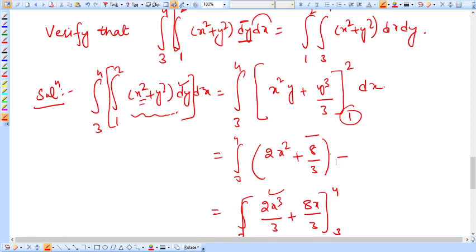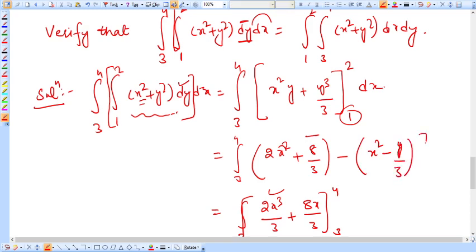So it would be equal to how much? 8 minus 3, minus 1 by 3.